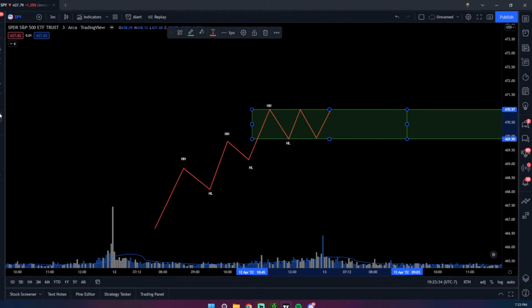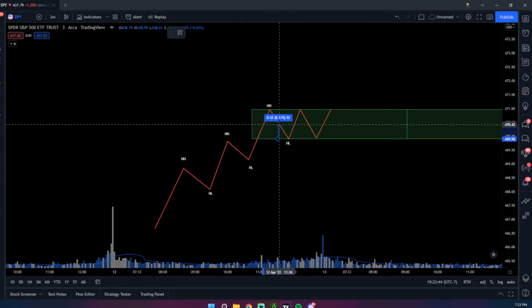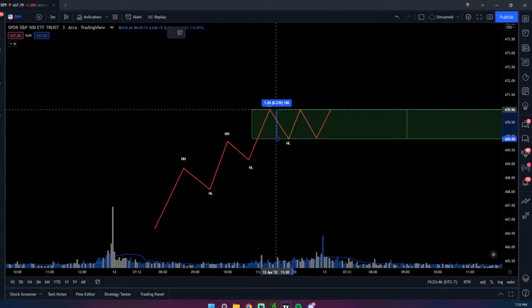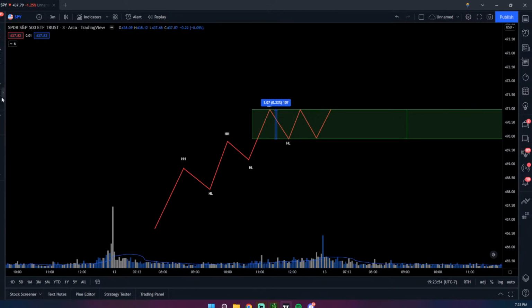What we do is we find tools that we never use, and we put them on the chart. So once we have this box and we know we have a measured move, you measure from the bottom of the box to the top of the box, and it's 0.23%.